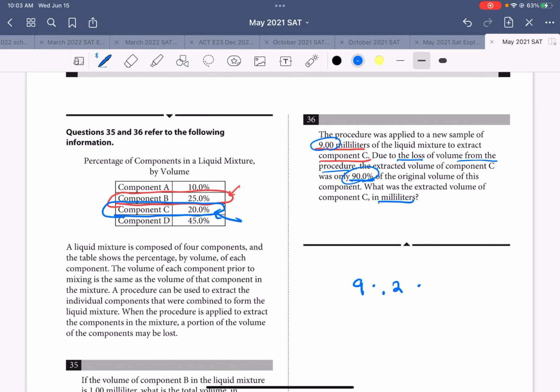So 90%, 0.9, times 0.9. Okay, so when you multiply all together, you get 1.62. So 1.62 milliliters of component C will finally be extracted.